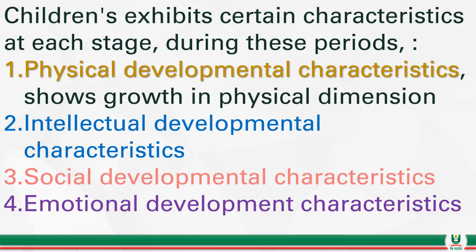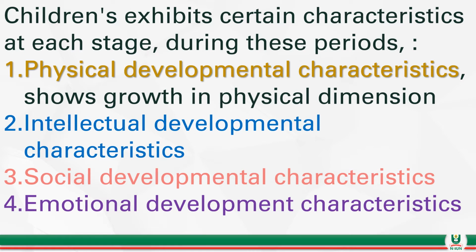A child of 1 year old, the physique will reflect 1 year. Immediately the child is 2 years, the physique will change. A child of 3 months is different from a child of 8 months in the physical development, the physique. The short hand will have grown longer a bit, the small head will have increased a bit, and so you will see physical development characteristics, physical growth in the child.